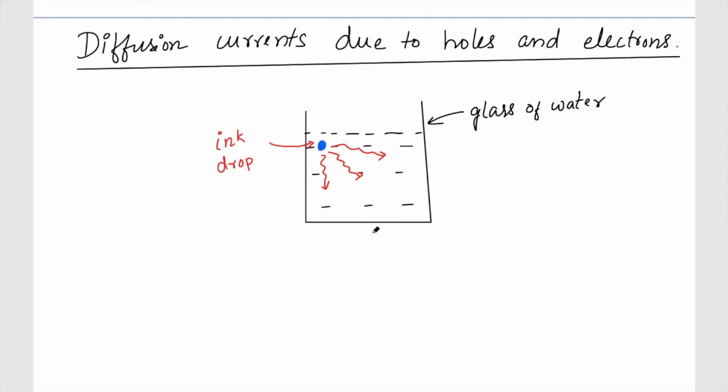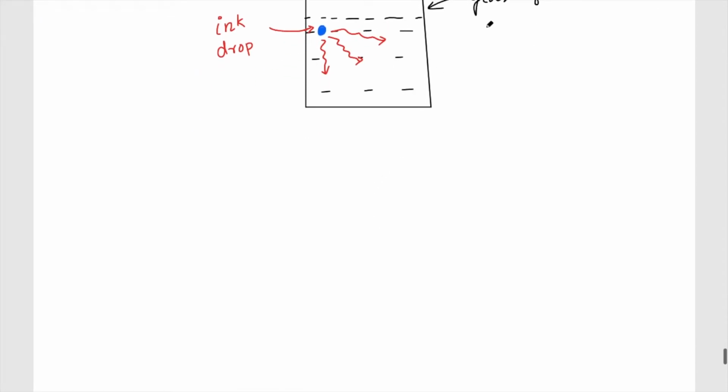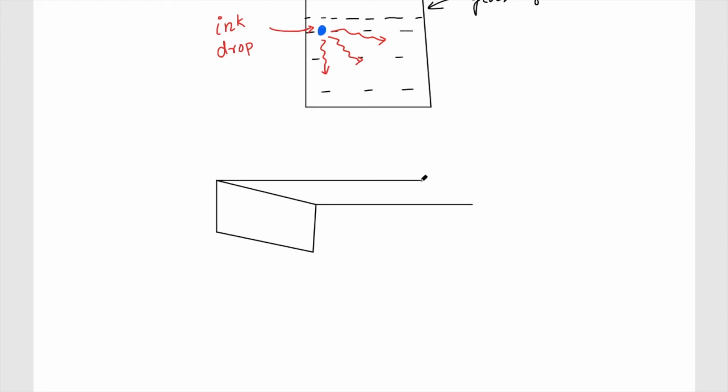A similar kind of phenomenon happens with the charge carriers in a semiconductor. So consider I have a silicon bar. And by some means, let me inject some holes on this surface of the silicon.